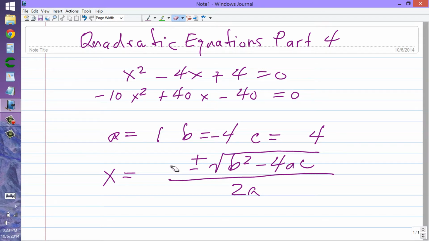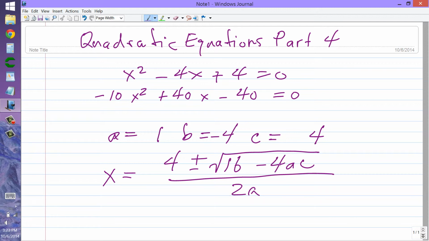Negative b, what is that? Well, b is already minus 4, so negative b is 4. Plus or minus the square root of b squared. What's that? Well, the quantity negative 4 squared is 16. Minus 4ac.